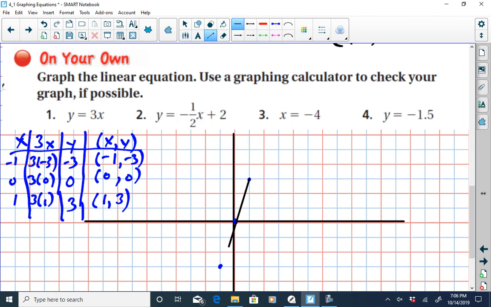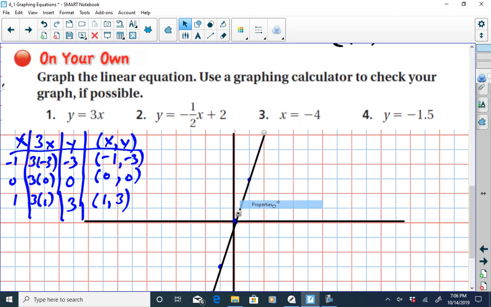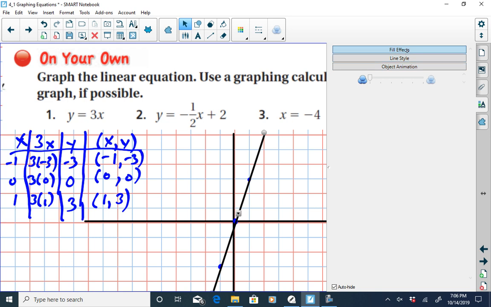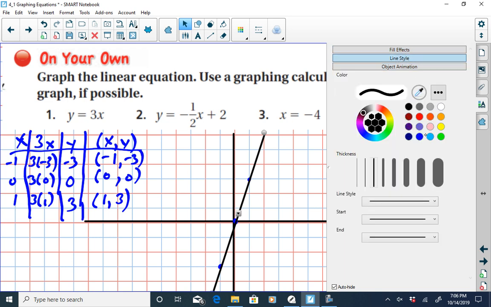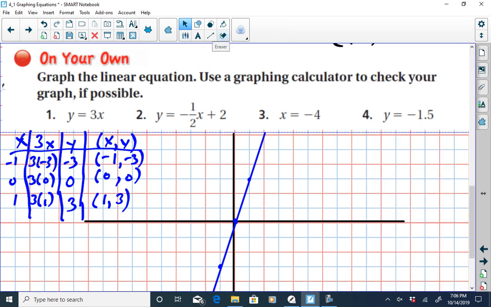All right, I want to graph that line. I'm going to make that line blue. Let's extend that here. Now I always like to put arrows at the end of my line to show that the line goes on forever in both directions.